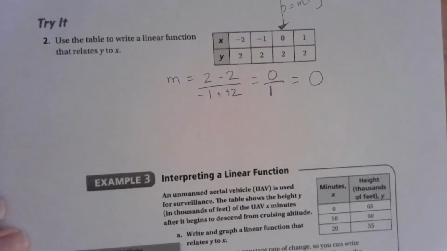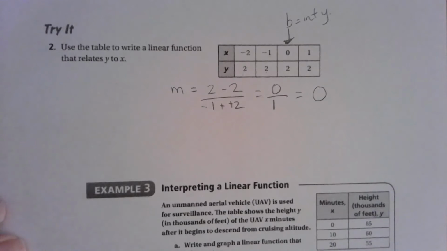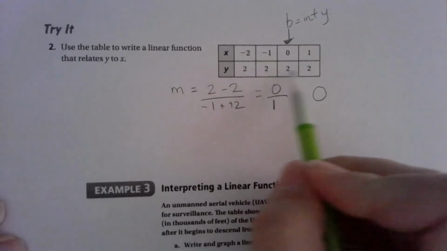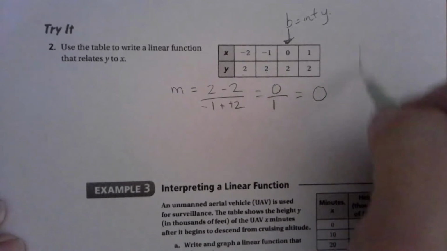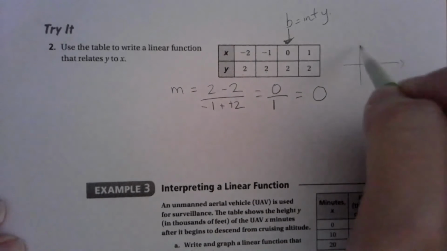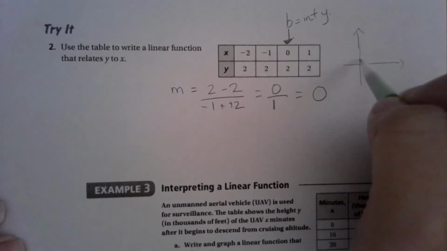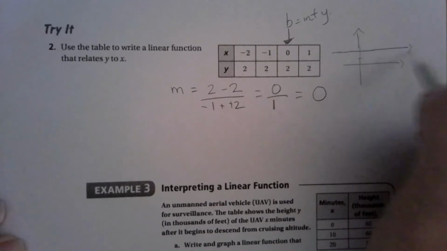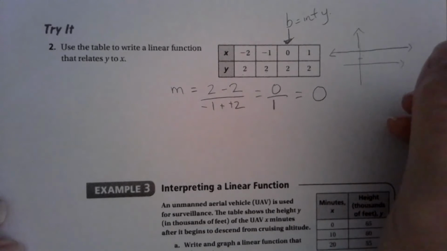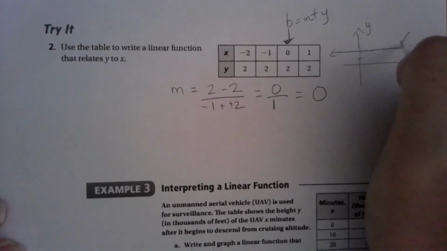So what does that mean? Oh, we have a horizontal line, right? And it goes through 2. If you can imagine, if I were to sketch my line, 1, 2, the line is going through 2. So it's a horizontal line. Okay, this is x, this is y, that's my line.